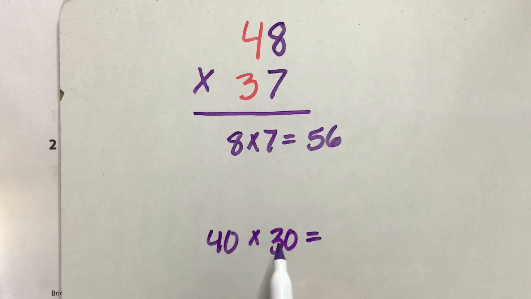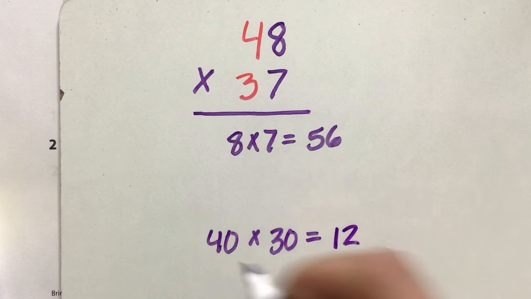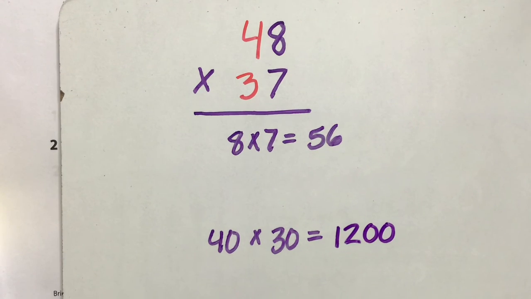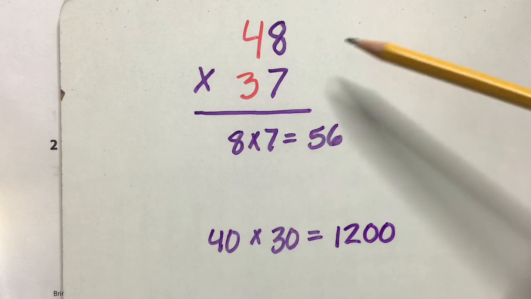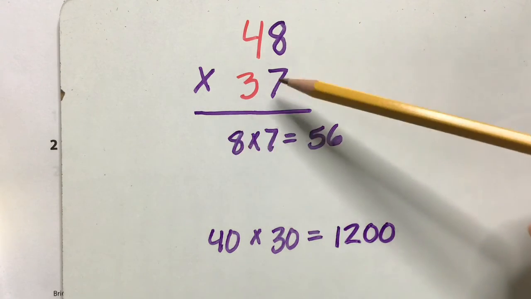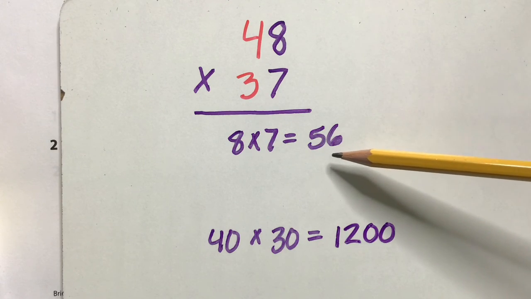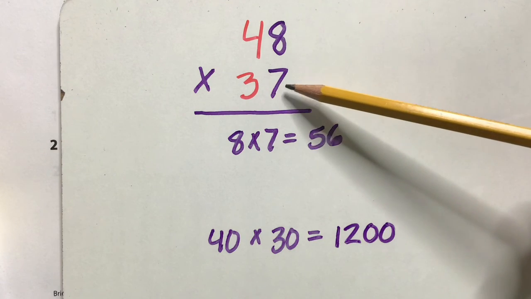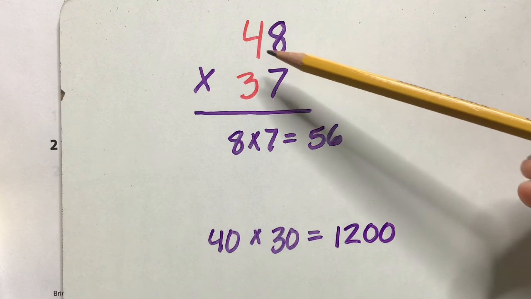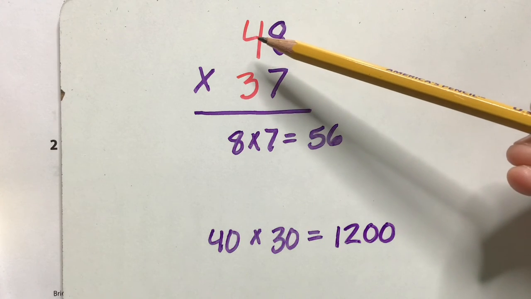So 4 times 3 is 12 plus 2 extra zeros. Okay, now I'm going to get to this kind of tricky part right here. So I know when I use the standard algorithm, I first multiply 8 times 7. That's where we get the 56. Then the next step is I still have to go 7 times 4. But remember, this is not a 4.